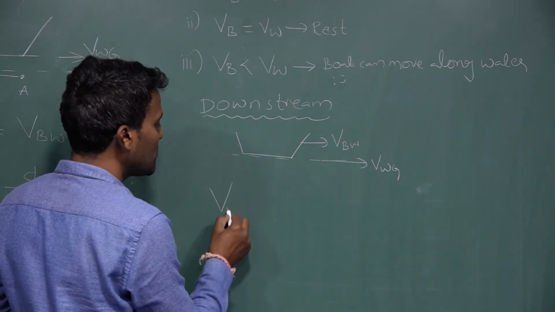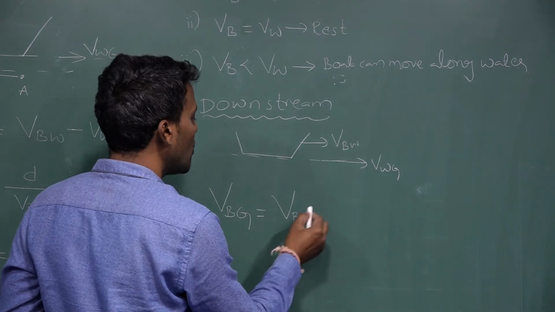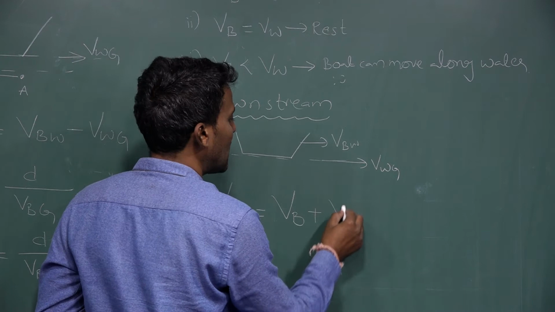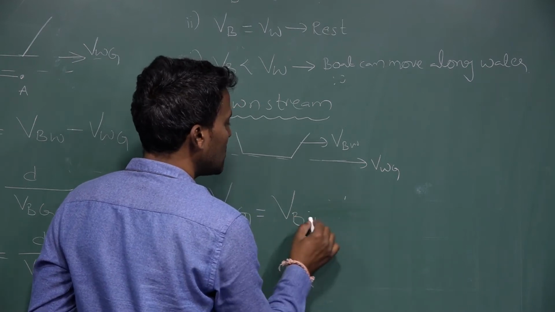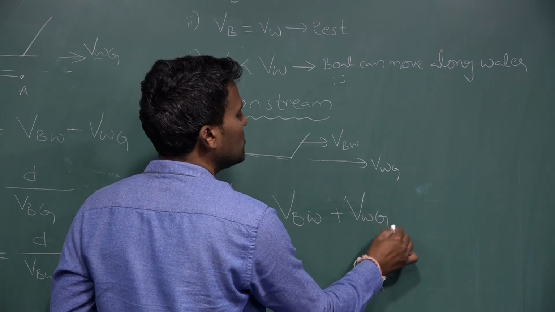So the velocity of the boat with respect to ground is equal to the velocity of the boat with respect to water plus the velocity of the water with respect to ground.